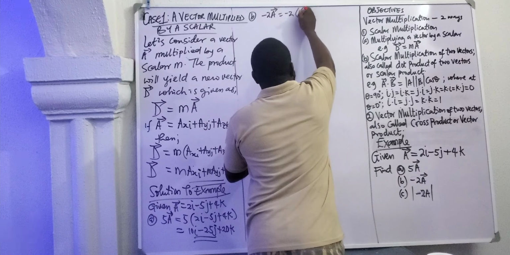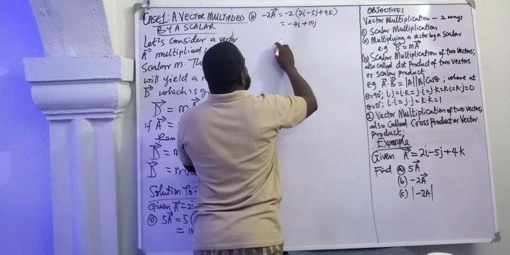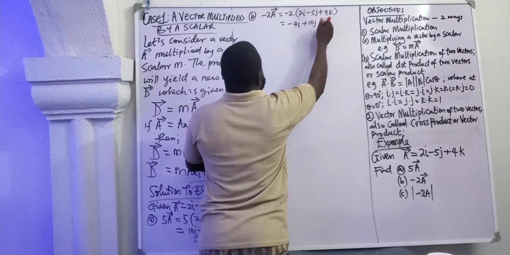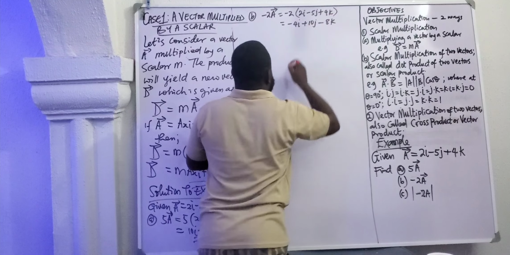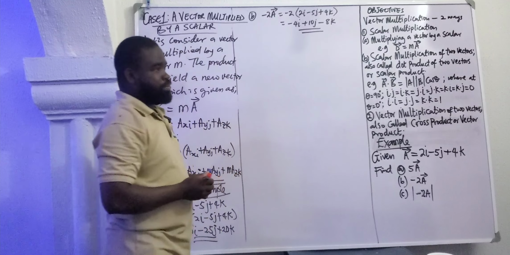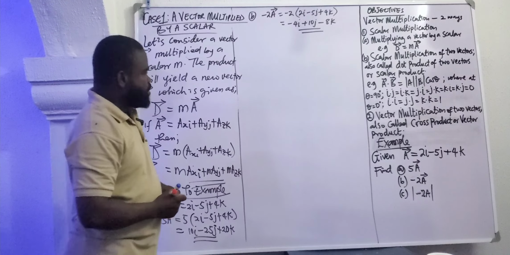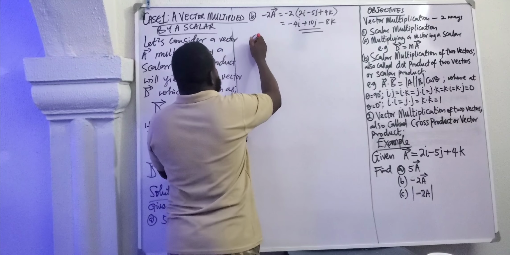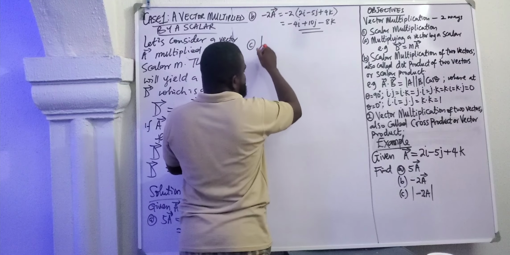That will give us 2 times 2 as minus 4i, minus times minus will give you plus 10j, minus will multiply plus will give you minus 8k. This outcome is also what? A vector.